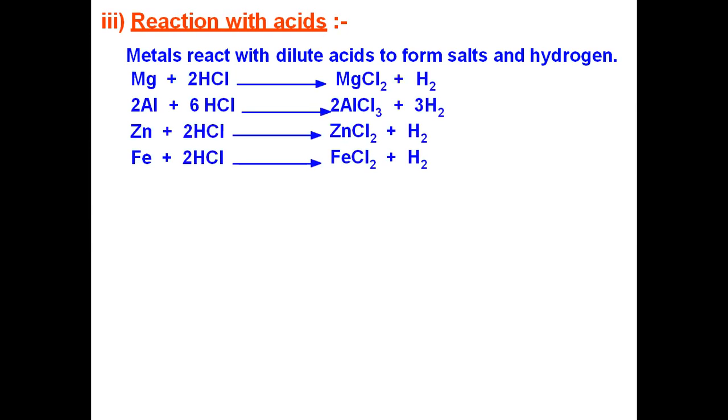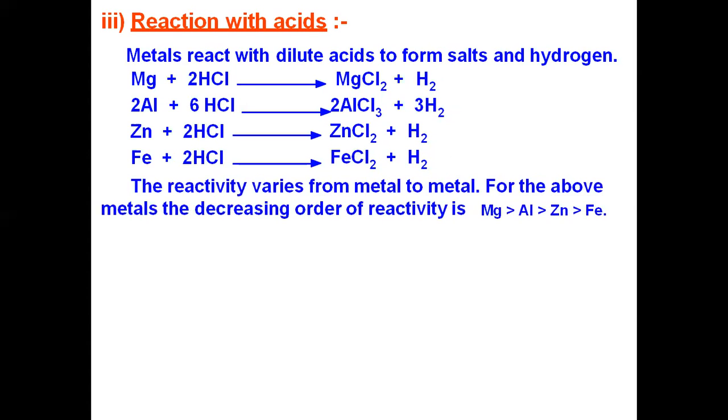We can consider an example of magnesium, aluminium, zinc, and iron. All of them, when made to react with hydrochloric acid, combine to form salt, and along with that hydrogen gas is liberated. The second point is the reactivity of the various metals, which we have listed in decreasing order: magnesium greater than aluminium, greater than zinc, greater than iron.